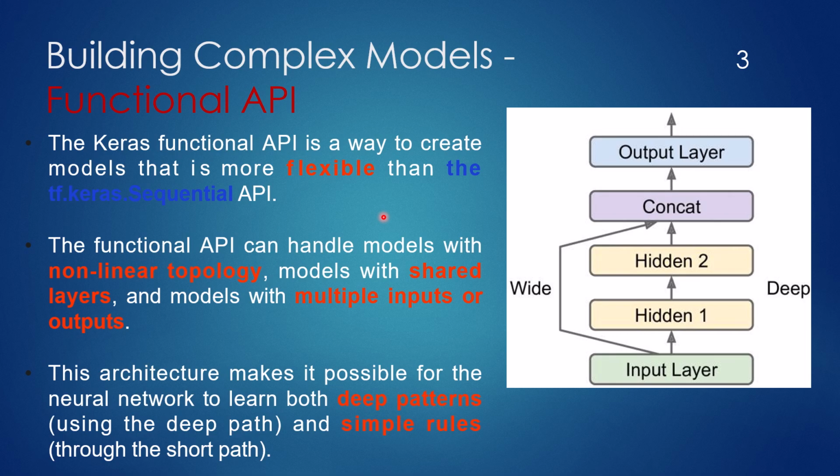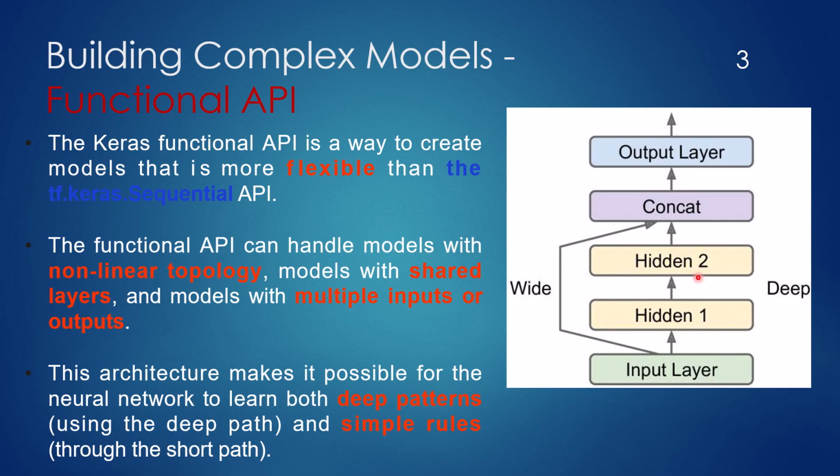It supports non-linear model architecture, shared layers, and multiple inputs and outputs. The benefit is that it enables the construction of models with complex architectures, such as the wide and deep model shown in the diagram. It allows the network to learn deep patterns through the deep path and simple rules through the short wide path.